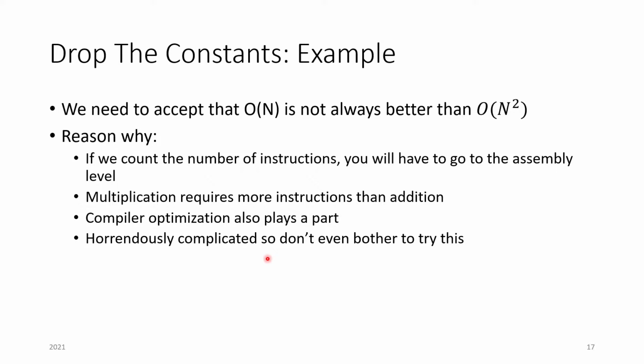We're just going to be looking at our C++ code level, and we're going to be using our analysis for our big O notation with regards to time and space complexity at this level only. We will not be going down to the machine code level. Things get very horrendously complicated. The one thing to note though is that multiplication operations do require a lot more instructions than adding two variables together.